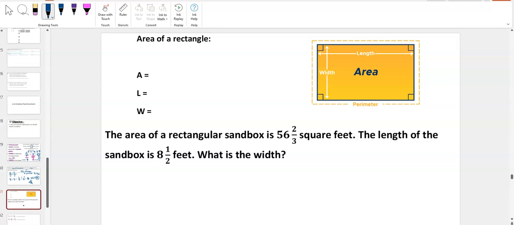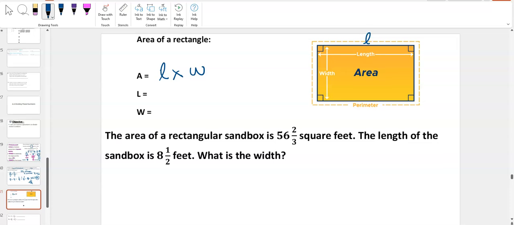Okay, well, the area is length times width. So we're going to take the length here, I do cursive L's, times the width, okay? So the area of a rectangular sandbox is 56 2/3 square feet. Oh, hold on, I put that in the wrong spot.